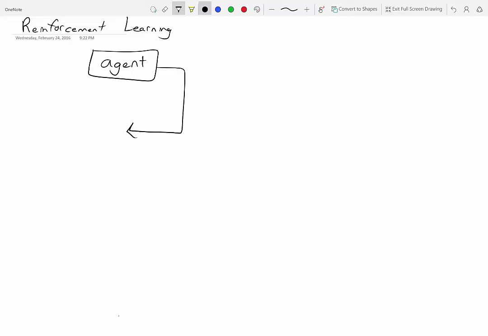Okay, so now we're going to move on to reinforcement learning. In reinforcement learning, there's an agent. The agent takes actions.